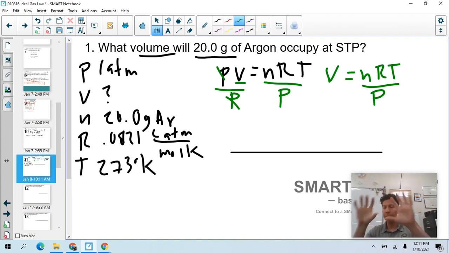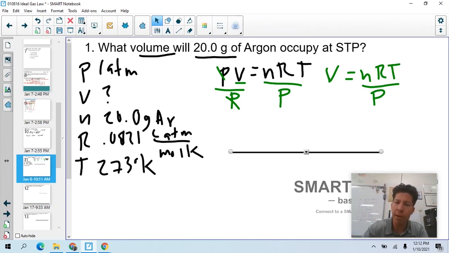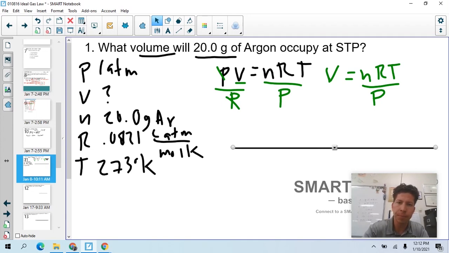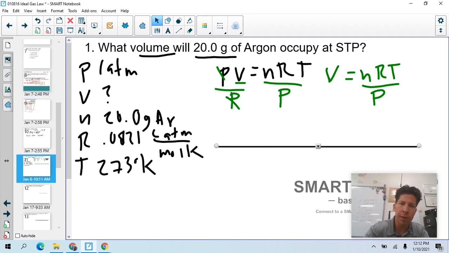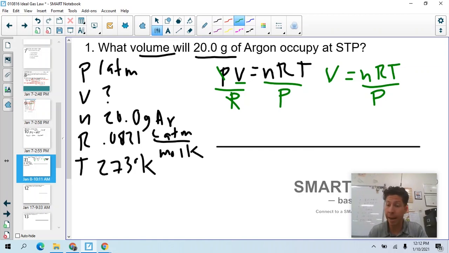So let's go ahead and plug in what we know. All right, I'm going to set this up like a conversion line, just like before, okay, just in case I have to convert anything. All right, so first thing that I need, guys, is n. So n, I'm just looking over here, is 20.0 grams.